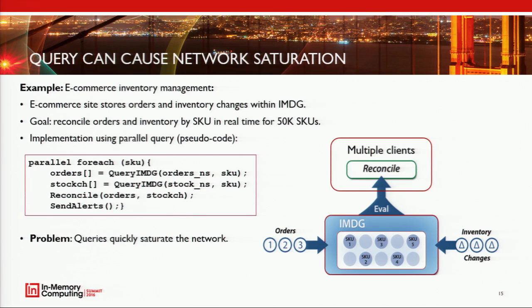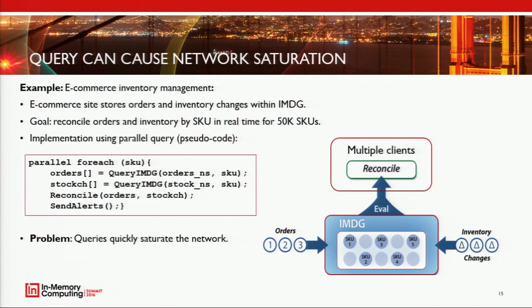Now, it turns out it was taking them overnight to do this, so they said, oh, we'll get an in-memory data grid and solve this problem. So they created two namespaces, one for orders and one for inventory. And then they created a set of application servers, not shown here, just as you saw in the previous talk's slide.